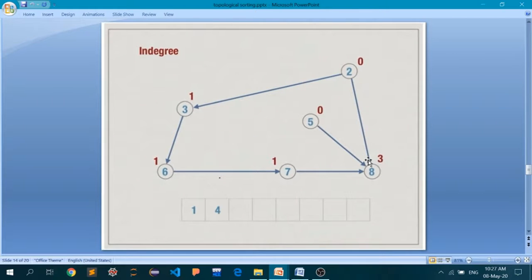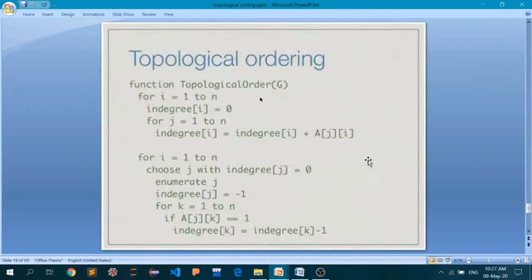So that first part in our algorithmic representation is to find out the in-degree of each and every node or vertex in the problem. This particular function, which describes the topological ordering, will have as an argument the graph G. Now in this G we will have several vertices and edges.